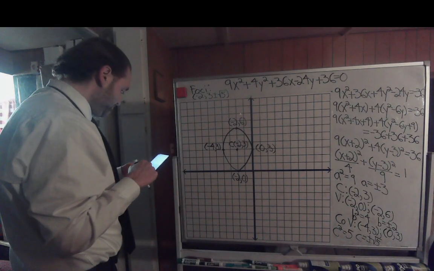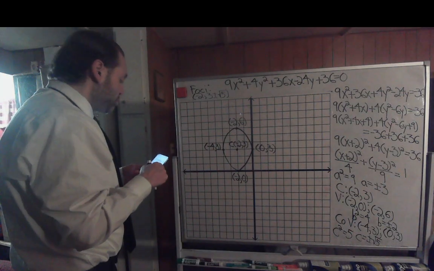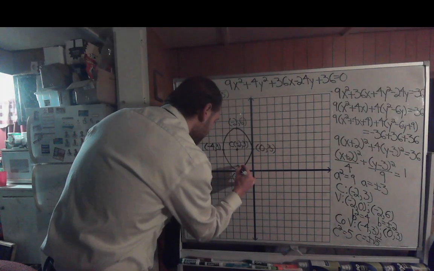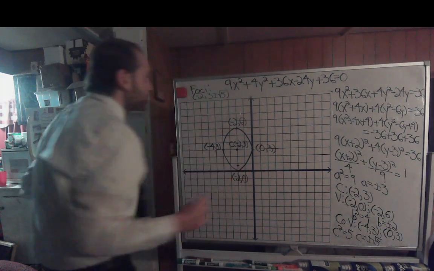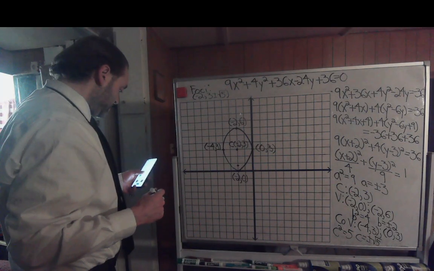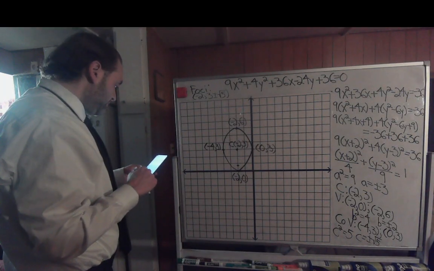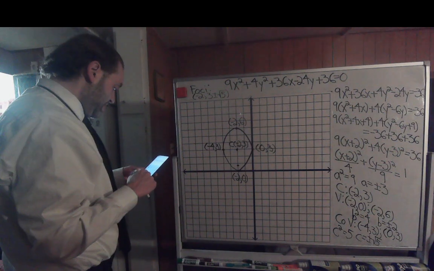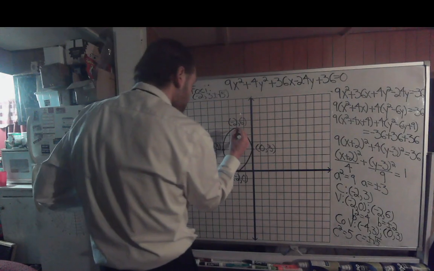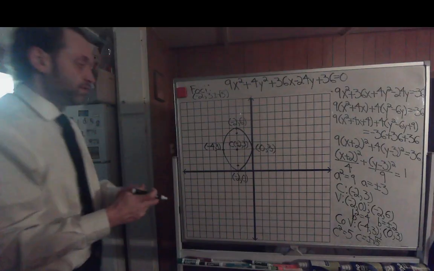Nope, I put in the... That'd be about 0.76. So here is my first focus. And then let's see, if I take the square root of 5 and add 3 to that, I'll end up getting about 5.24, which would be about right here. So there's my second focus.